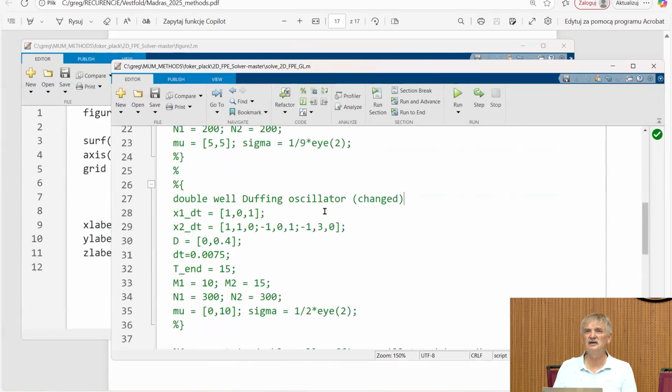It's a Duffing oscillator which I included, and there is some procedure for how to use these parameters, because x1 and x2 are just telling you what f1 and f2 are, and the d is related to the 1 1 and 1 2 coefficient of this diffusion term with variance.